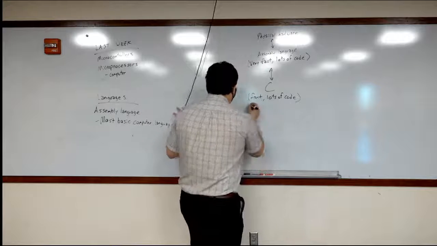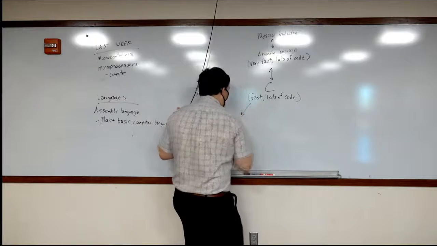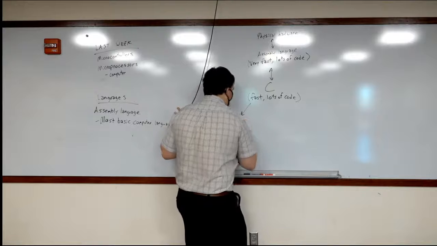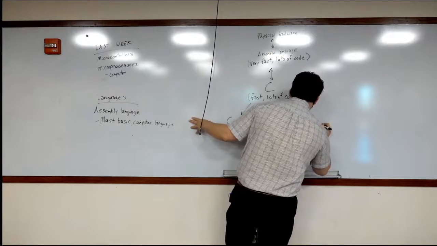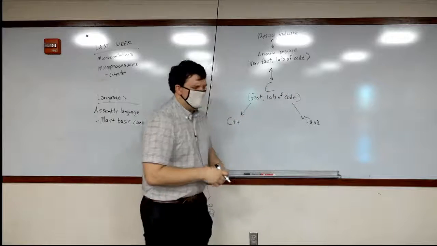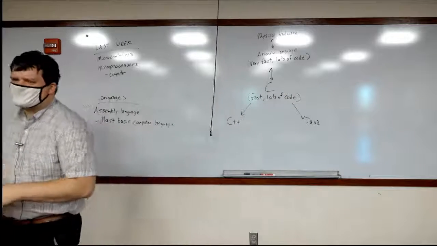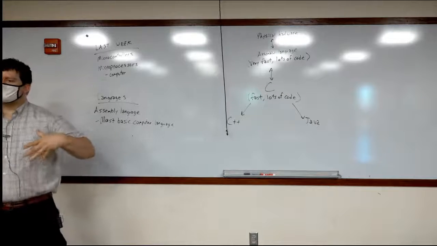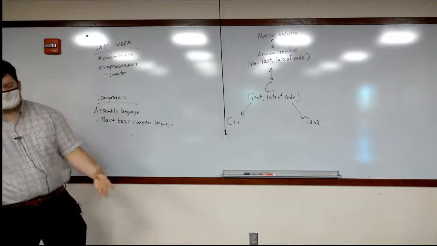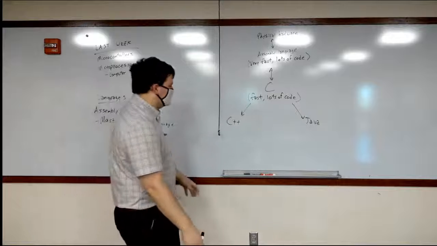Okay, C gave birth to a number of other programs, such as C++. I believe Java came out of C. There are other languages that were written in C that were now used to control the language in C. Okay?